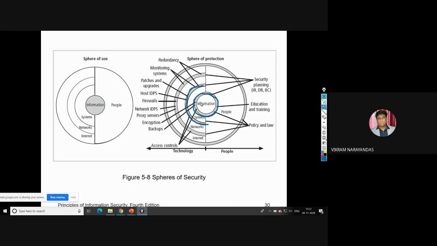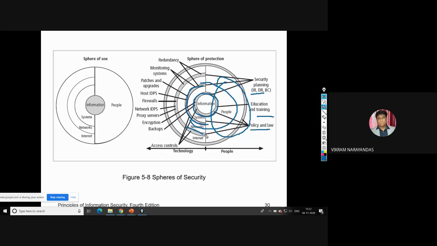Information is a main asset of your organization. Like that, systems are a main asset of your organization. Even people, the employees, may be technical and non-technical people. They need some policies, some laws, some education and training, some security planning should be there for the people as well as the organization here.